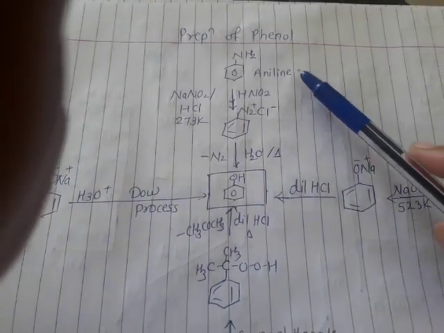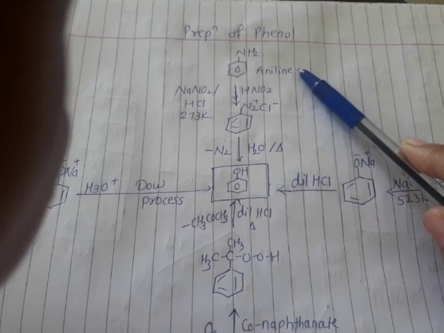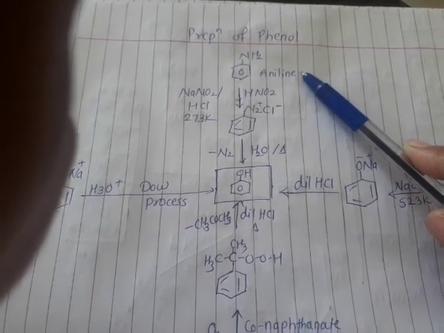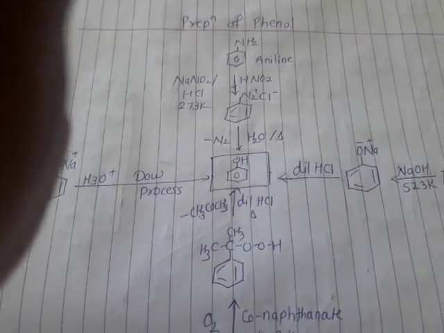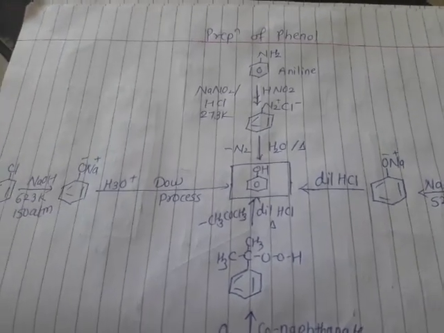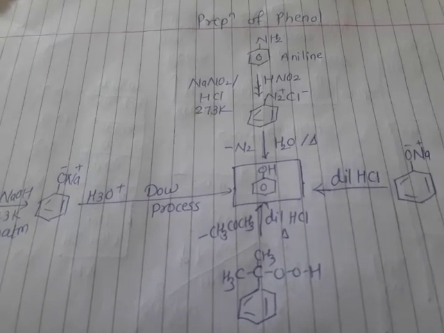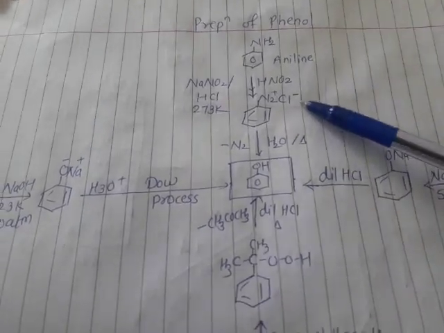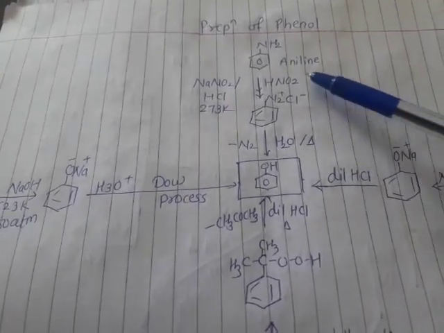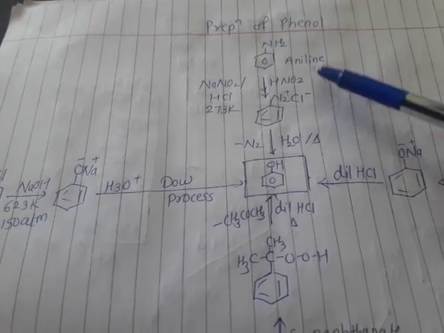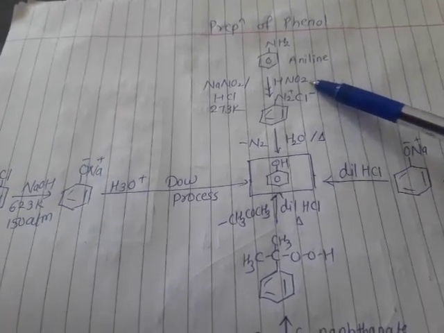And one more reaction is by using aniline, which we call diazotization. I always say whenever we have to introduce any group into the benzene ring, we start with NH2 so that it can be converted into a very good leaving group, that is N2+Cl-. So we do diazotization with the help of HNO2.